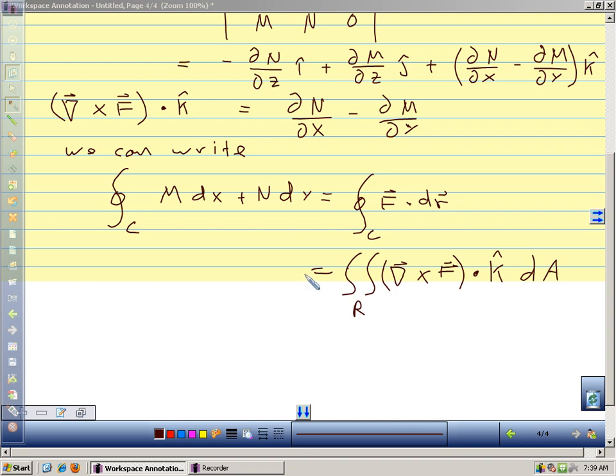So this is the first preview of what we're going to talk about. Again, the tangential component of f around the boundary of our curve is equal to the double integral of the normal component over the region enclosed by the curve.